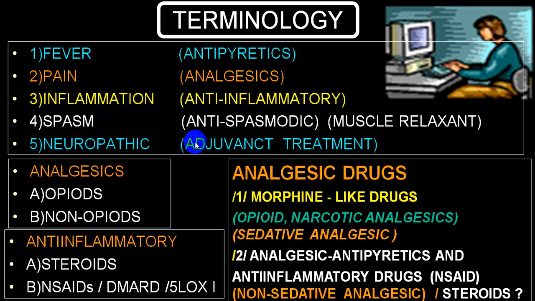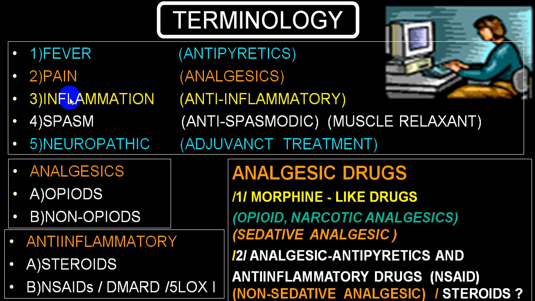And this we call adjuvant therapy, which is not related to any of the pathophysiology, and that is very commonly utilized in neuropathic pain and very commonly utilized in chronic pain, particularly cancerous and non-cancerous chronic pain. As far as antipyretic is concerned, it is only utilized for fever.